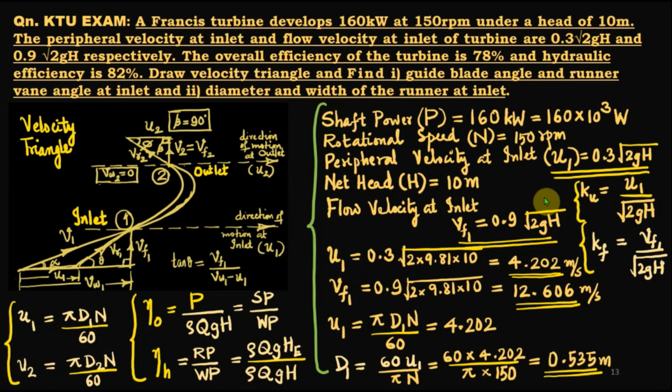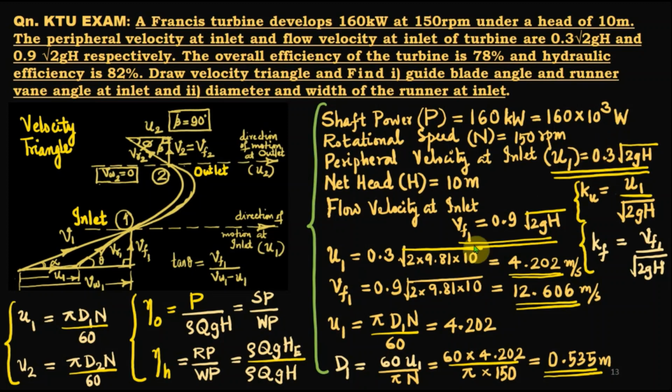So instead of giving you the flow ratio and speed ratio, we have already studied that the speed ratio K suffix u1 based on inlet conditions is Ku1 equal to u1 divided by root of 2gh. Therefore u1 is equal to Ku times root of 2gh. In fact, this Ku, the speed ratio at inlet, is 0.3.